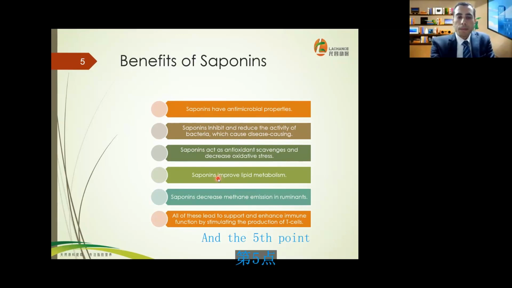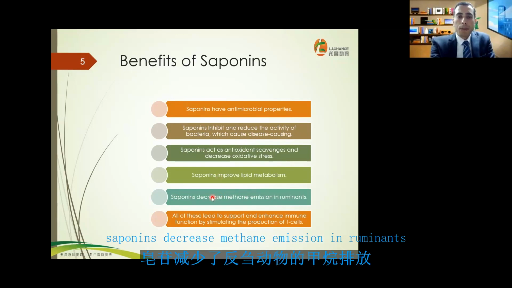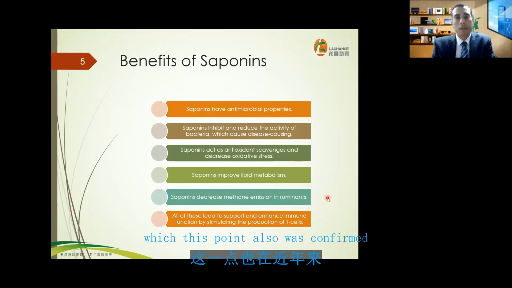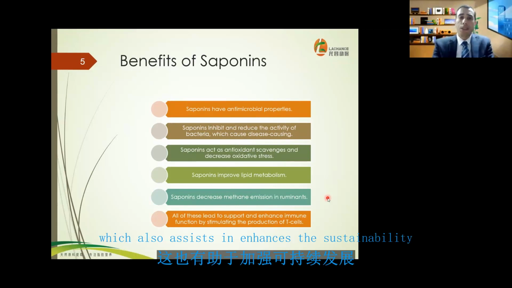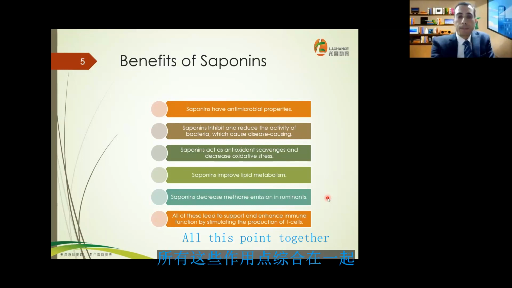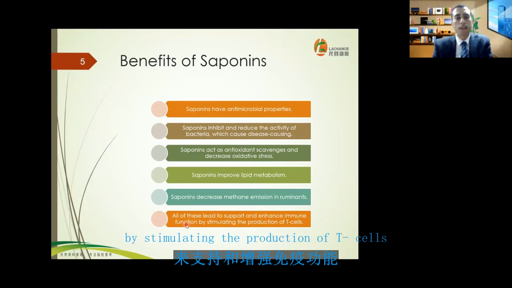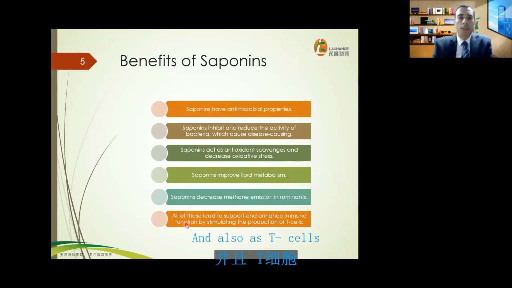And the fifth point, saponin decreases methane emissions in ruminants, which was also confirmed in recent years by research published in scientific journals, and which also helps enhance sustainability. All these points together lead to supporting and enhancing immune function by stimulating the production of T cells. As you know, T cells are a part of the white cells, and this is a part of the defense system in our body.